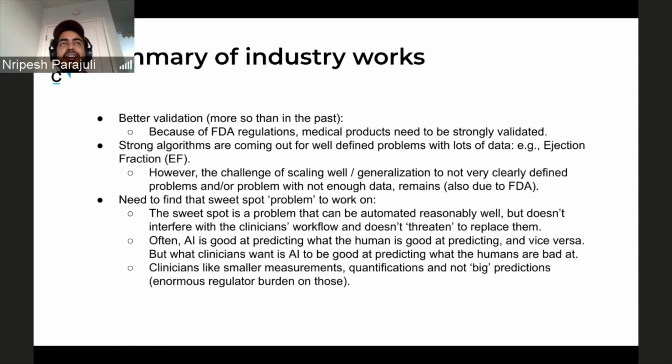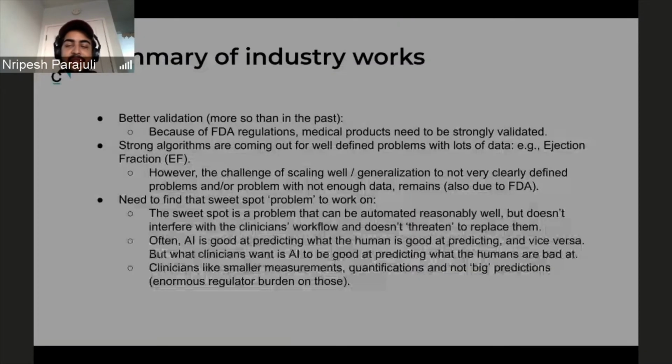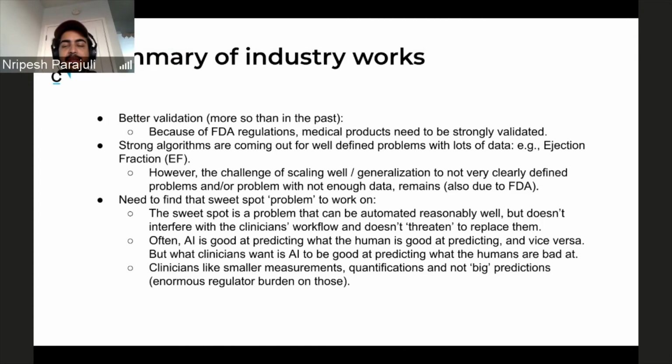Then you're becoming more confrontational with the clinician, with the doctor, and the reality is that's not well accepted. You can come up with clever ways of augmenting and integrating in the system as opposed to being confrontational. Overall, it's obviously challenging to find these problems, but ultimately it's pretty rewarding to get there, apply it, and be impactful.